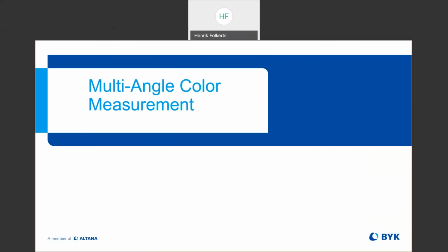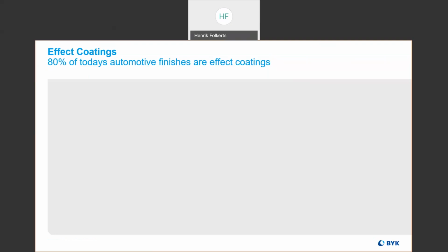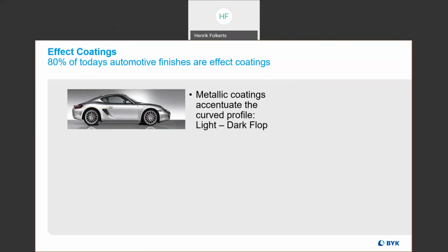So moving on from solid color instruments, we're going to talk about multi-angle color measurement. The reason you might need multi-angle color measurement is because of effect coatings. And these are very common, particularly in the automotive industry.